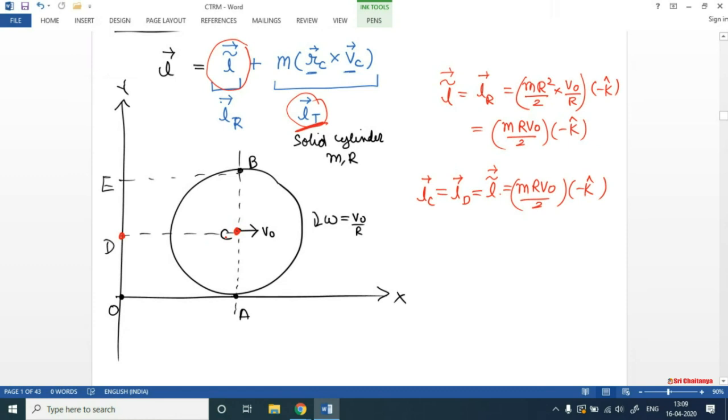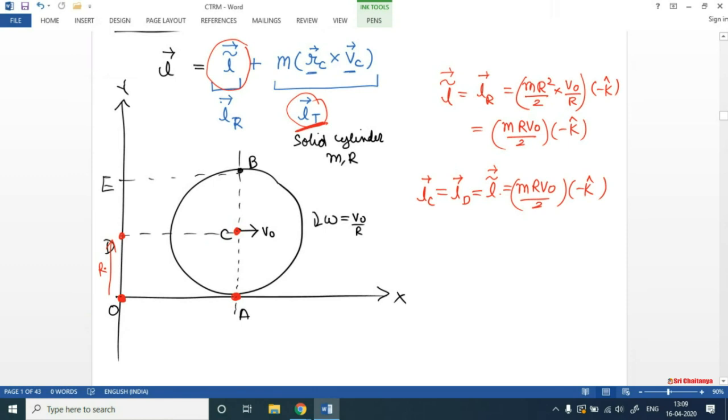Now when you look, you can see the angular momentum of this solid cylinder about point A and about point O are going to be same, because the difference would be the translational component. So M R C cross V C over here, when we write the magnitude, that would be M R perpendicular into V naught. R perpendicular with respect to A and with respect to O, in both the cases, is basically equal to R, and it has the same direction as well.